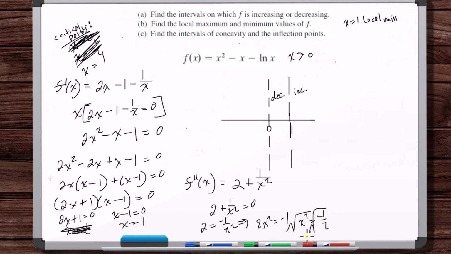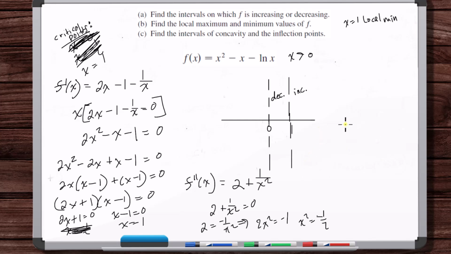Well, there's no point. You can't take the square root of a negative number. There's no point where the second derivative equals 0. So with that, there's no point within the domain where the second derivative doesn't exist or where it equals 0, so it can't change signs.